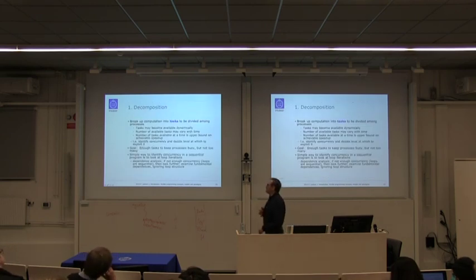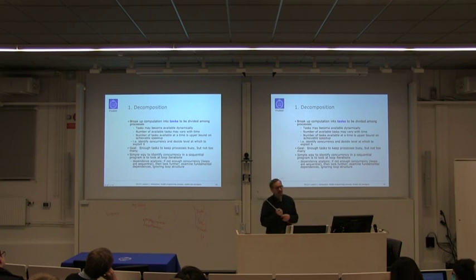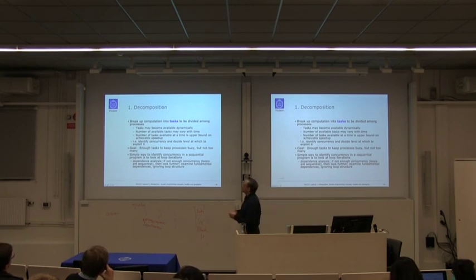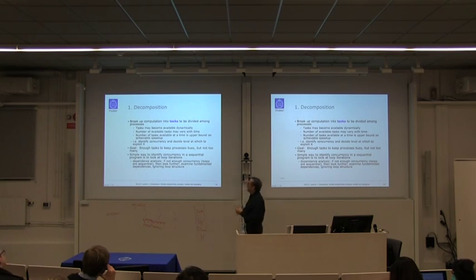Of course, we can look at slides devoted to each step. So decomposition is a break up of computation into tasks if you program in terms of tasks. But this is a matter of taste. So I prefer to do it in this way. So tasks which are like loop iterations, for example, or function calls, or some fragments. Tasks might become available dynamically, not necessarily statically.